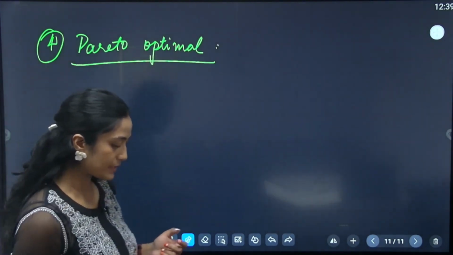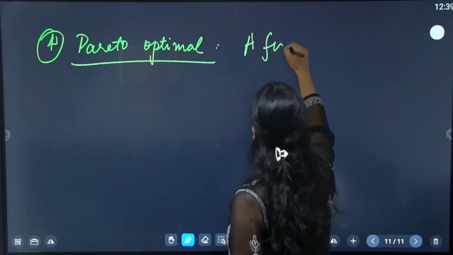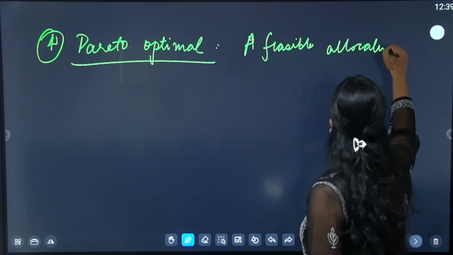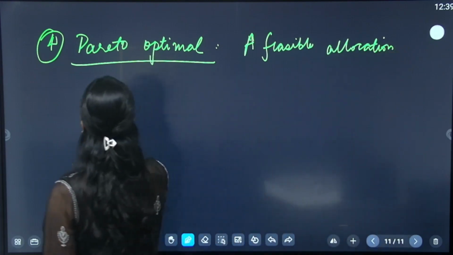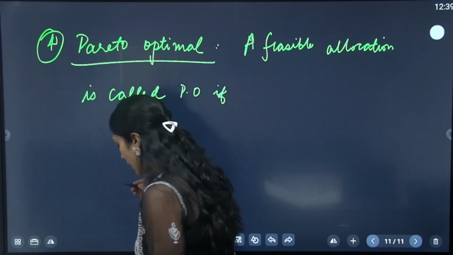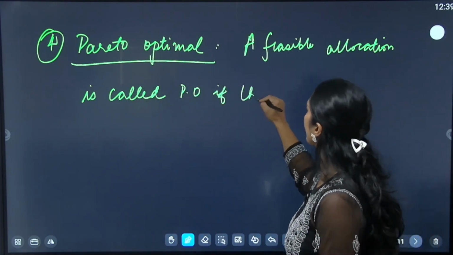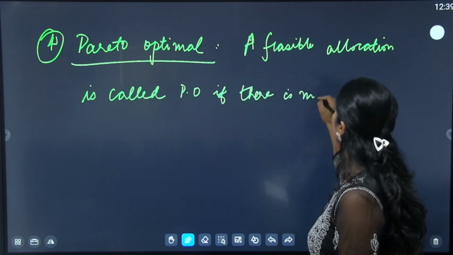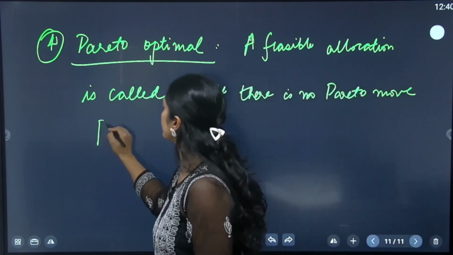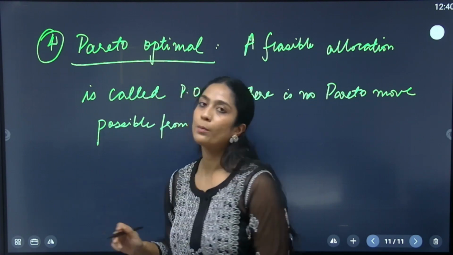A feasible allocation is called Pareto optimal if there is no Pareto move possible from it.